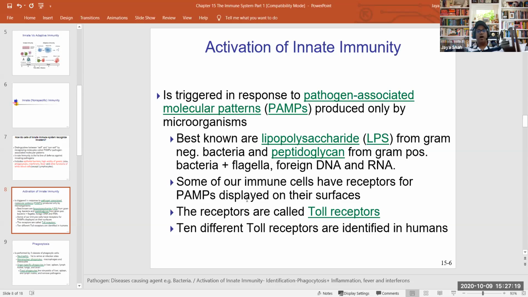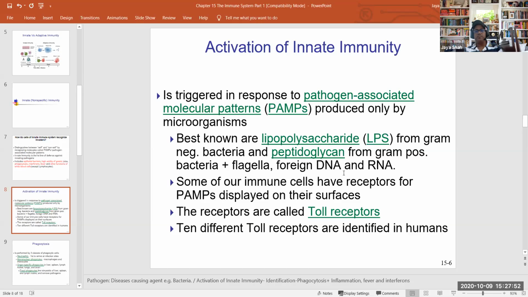Some of our immune cells have receptors for PAMPs displayed on their surfaces. The receptors are called toll receptors. So toll receptors on our immune cell plasma membrane recognize PAMPs like LPS, peptidoglycan, flagella, foreign DNA, and RNA.